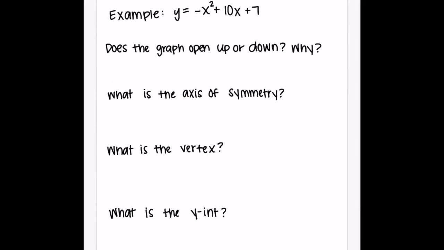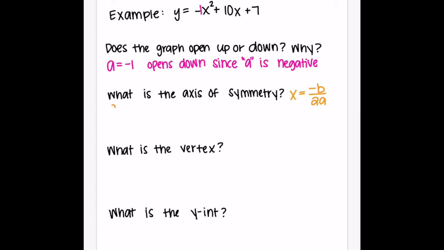Right. Does this graph open up or down, and why? Well, that depends on your a value. And here, a is actually a negative 1, which is still a negative number, so the graph opens down. Okay, the axis of symmetry, remember that's x equals negative b over 2a. So we need to know a and b.